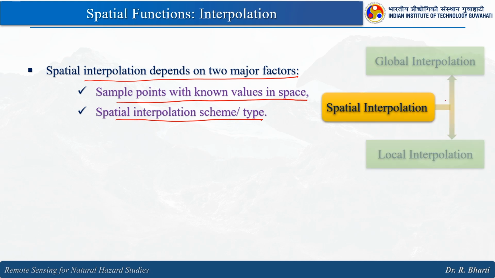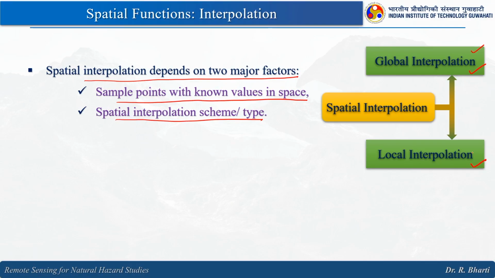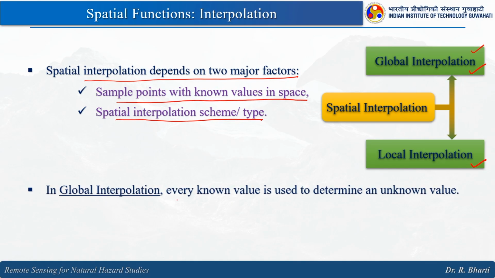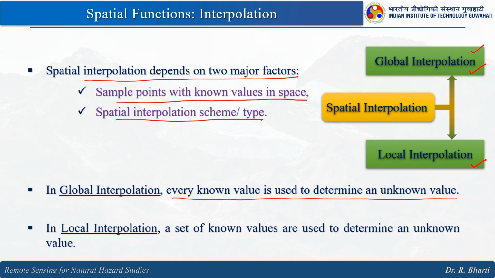Spatial interpolation can be a global interpolation or a local interpolation. Remember, depending upon the size of your study area, you have to decide whether it is global or local. In global interpolation, every known value is used to determine an unknown value. In local interpolation, a set of known values is used to determine an unknown value.